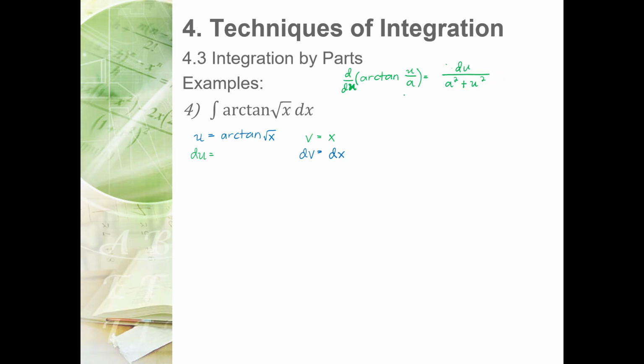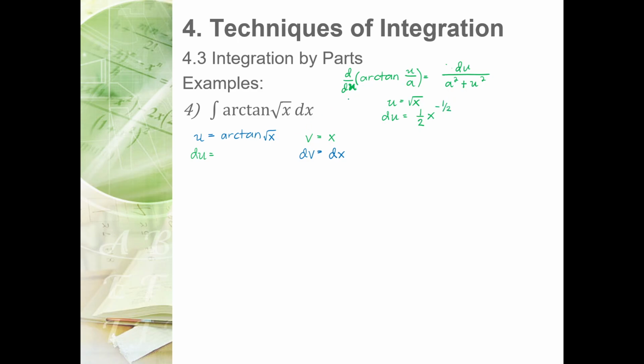If you try to derive arctangent of square root of x, u is equal to square root of x. The derivative of the square root of x is 1/2 x raised to the power of negative 1/2.